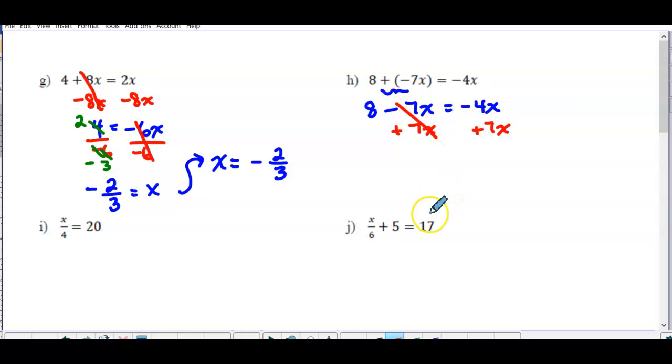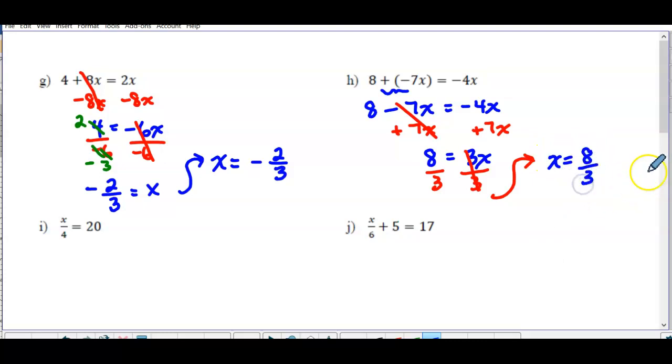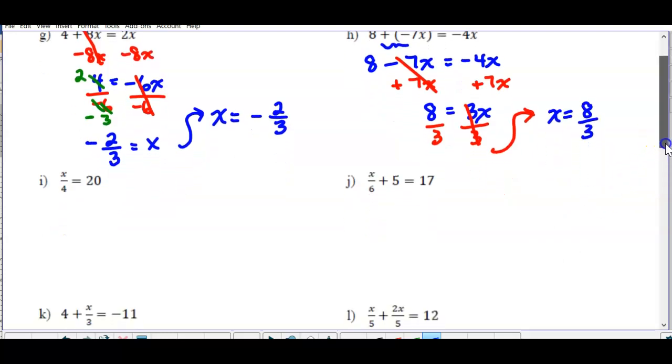Okay, so those go to 0, and then we get 8 equals -4x plus 7x is 3x. And then we divide by the coefficient of x, both sides, and you can see you get x equals 8/3. You can't reduce that. 3 doesn't go into 8, so you just leave it, 8/3. And we never show it as a mixed number.